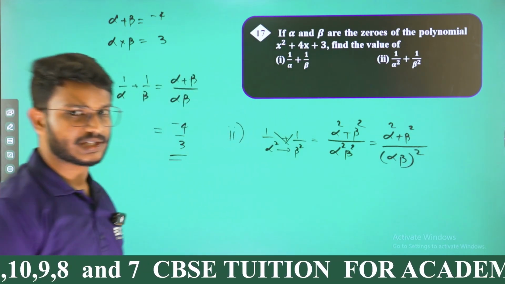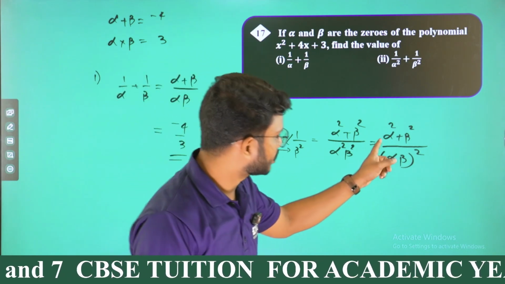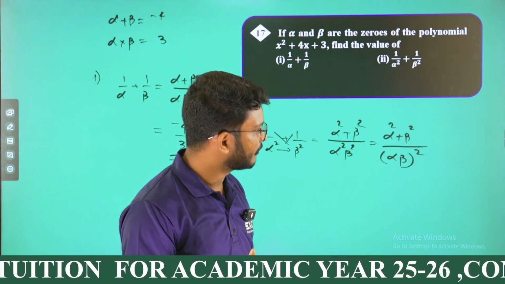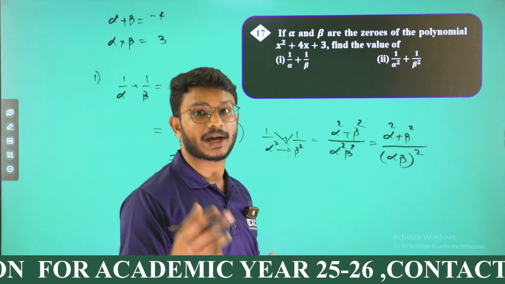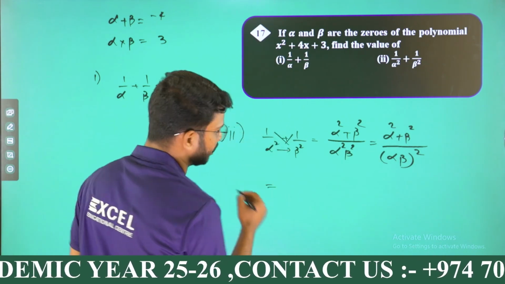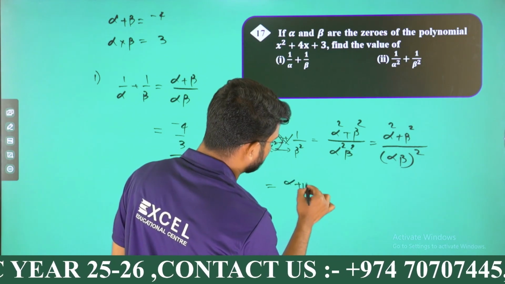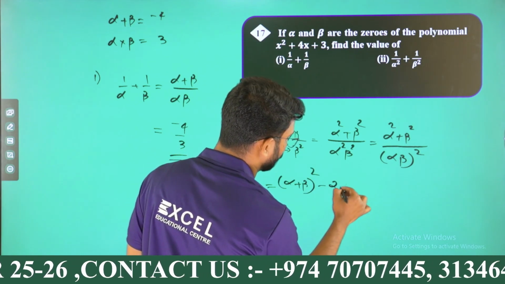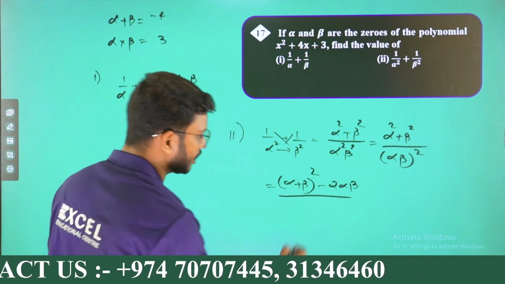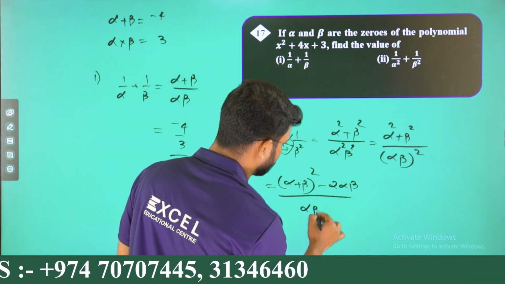As in the previous question, we can use the identity alpha square plus beta square equals alpha plus beta the whole square minus 2 alpha beta, with denominator alpha into beta the whole square.